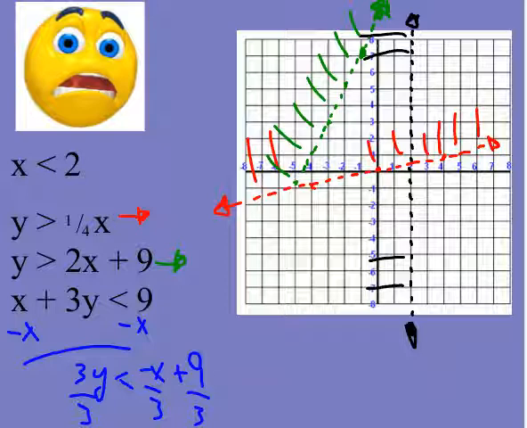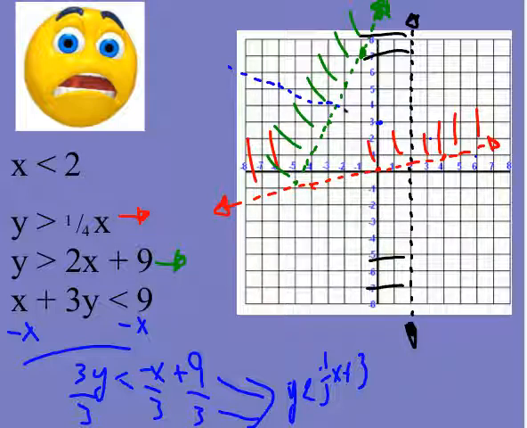So this one's going to be less than negative 1/3 x plus 3. 3 is here, and then it was negative 1/3, so down 1 over 3, down 1 over 3. That'd be up here. My blue line is not very straight over here. Is that above or below? That is below. Okay.